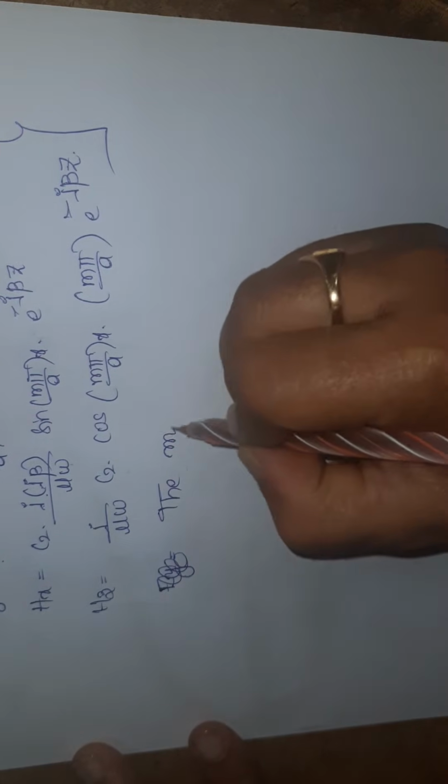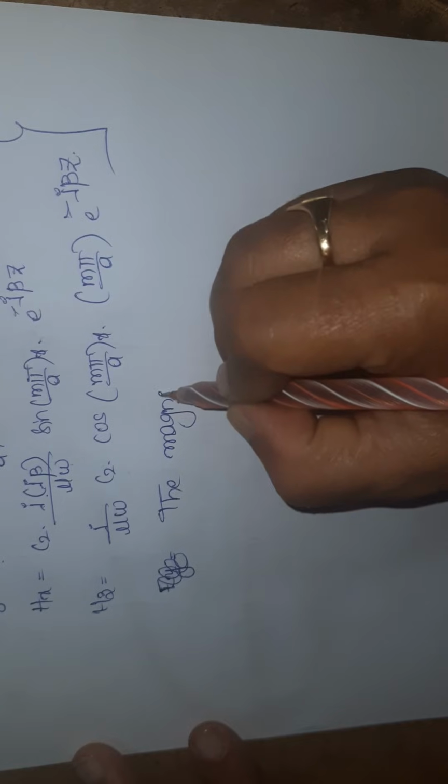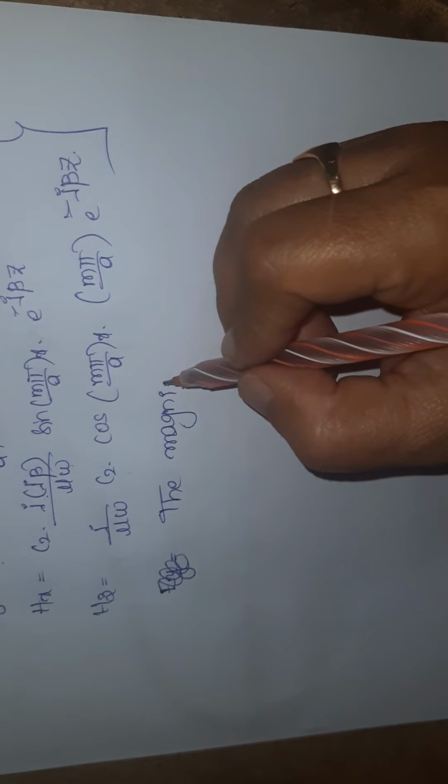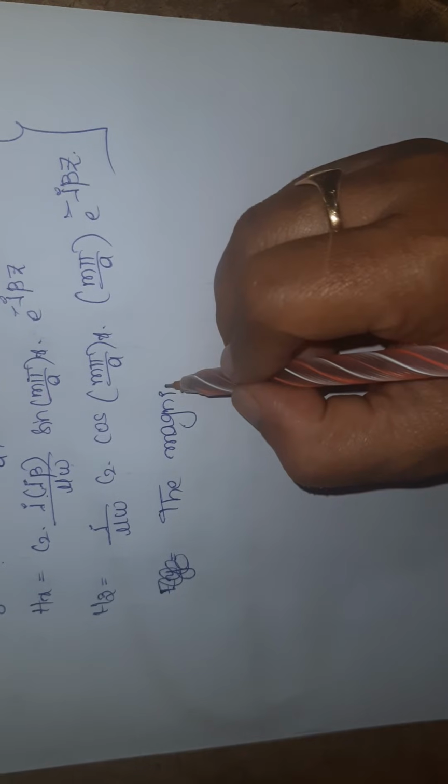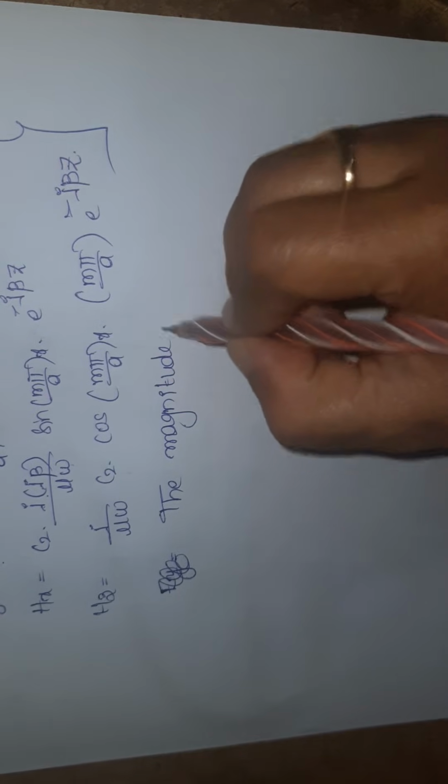Now for the magnitude, the same process we did for the TEM waves, we have to follow the same method. First we have to calculate the magnitude of current density.